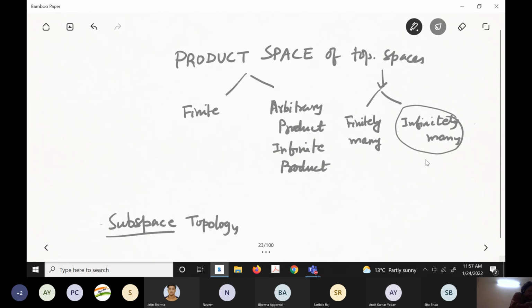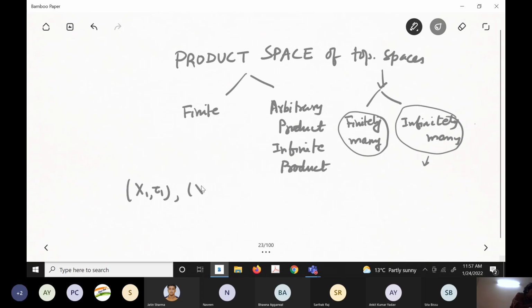But at your stage right now, it will be a bit difficult to understand, so I'm starting with only finitely many. Suppose we take (X1, tau1), (X2, tau2), up to (Xn, taun), topological spaces.